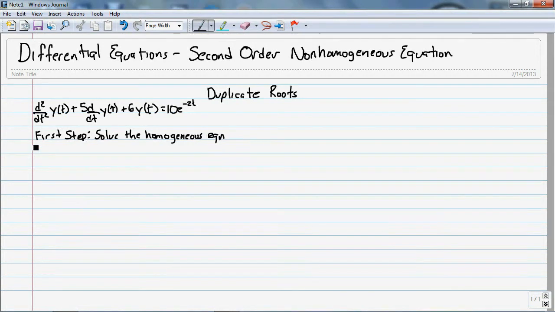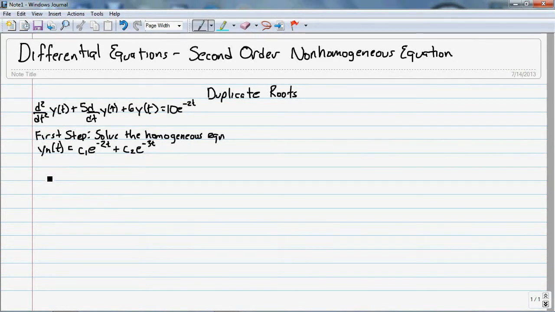And if you need to review, there's a video on a second-order homogeneous equation to solve that, and we got the solution for our homogeneous of C1e to the negative 2t plus C2e to the negative 3t.